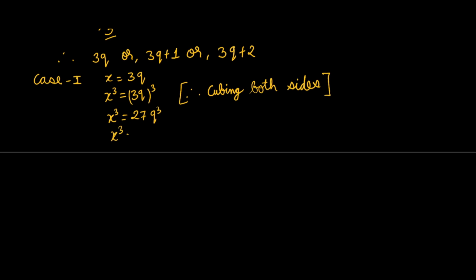Now we will take common: 9 will be common, and 3q cube. So we take m equal to 3q cube. We will get x cube is equal to 9m.